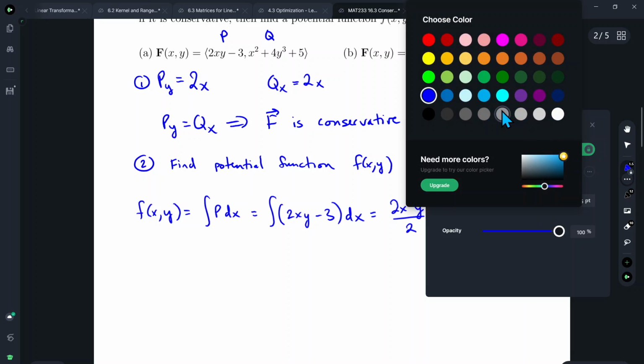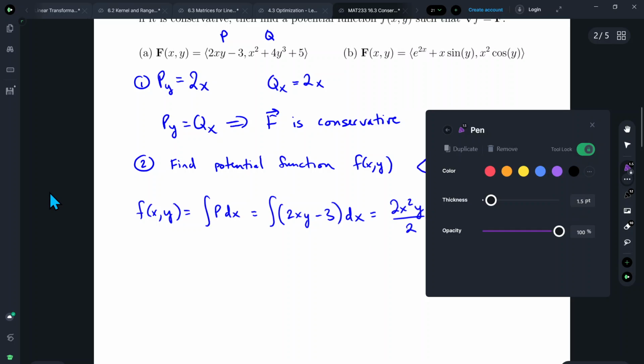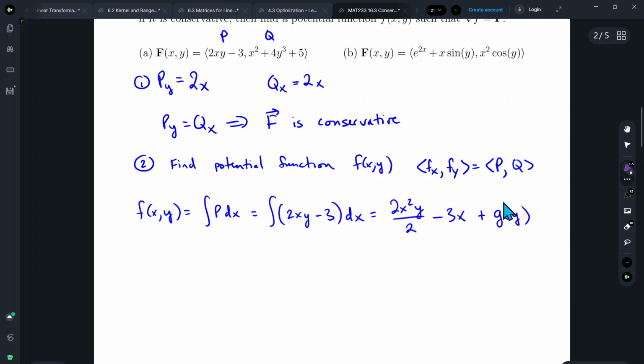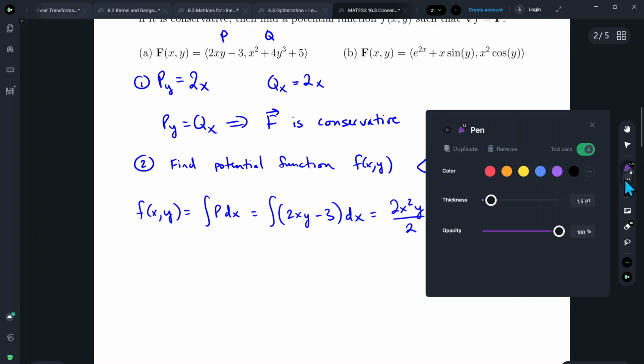Right, so if you remember, when you're doing indefinite integrals, typically there's a plus c term, and in this case, the plus c term is going to actually be a function of y. So this is the plus c term that you typically have when you do indefinite integrals.